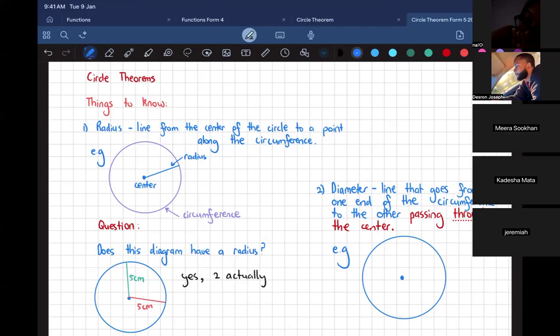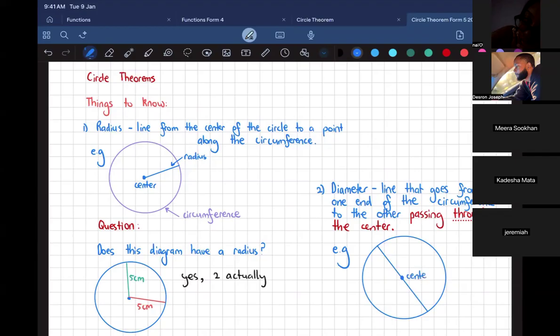So Simran, you understand what the circumference is now, right? If I start at this end of the circumference, I need to pass through the center and go to the other end of the circumference. Does it go from end to end and pass through the center?